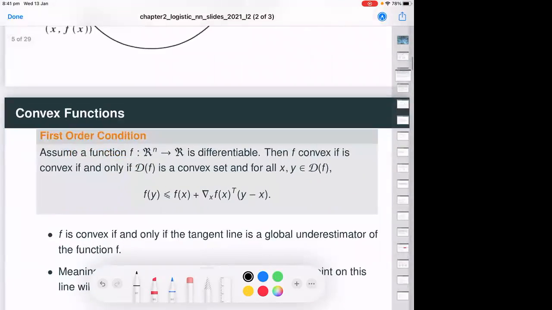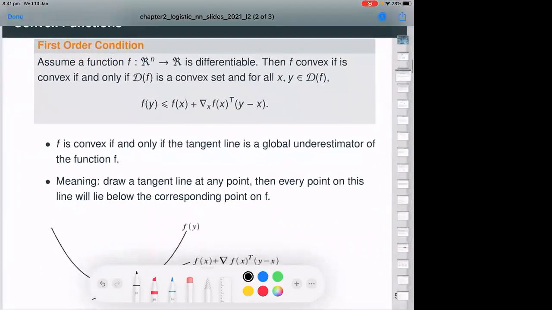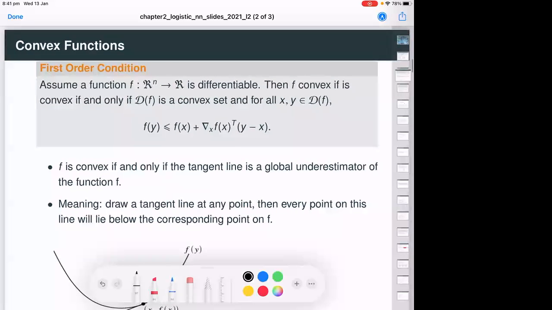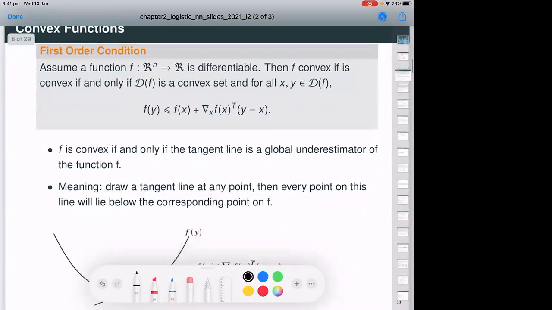So how to show that a function is convex? I put two conditions, which you can use any of the two conditions to verify. So it's called the first order condition.